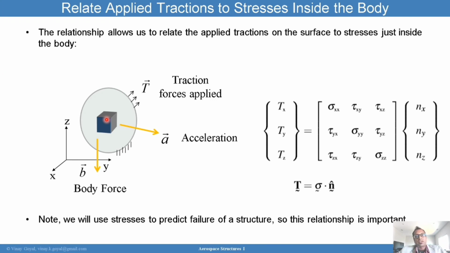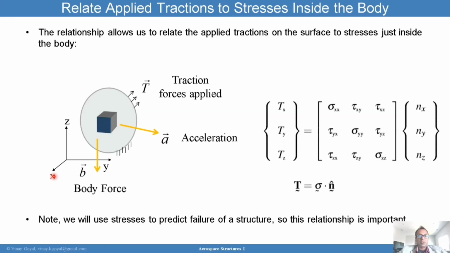And why we need to do this is because we need to determine the stresses inside the body that will produce failure of the structure. So creating this relationship is extremely important.